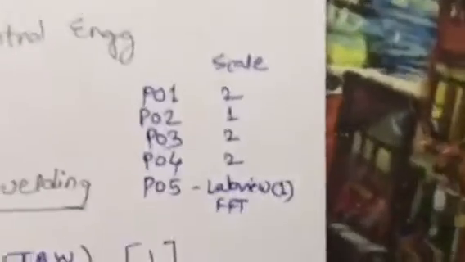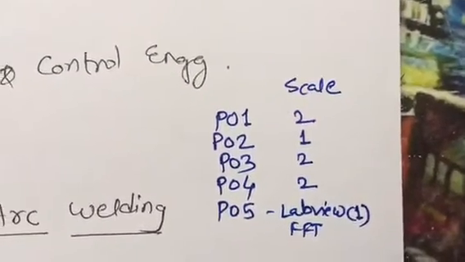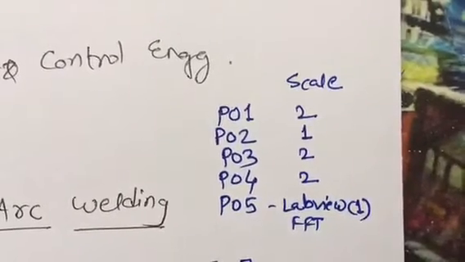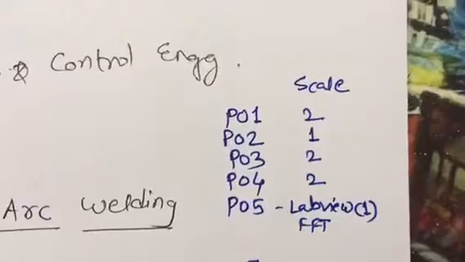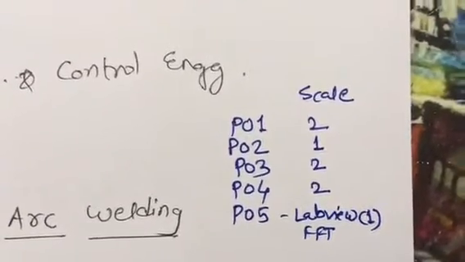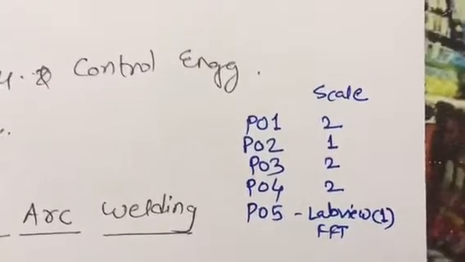In this particular session, we are going to explore program outcome number 1 to scale 2, program outcome number 2 to scale 1, program outcome number 3 to scale 2, PO4 also to scale 2, and PO5, that is scale 1.